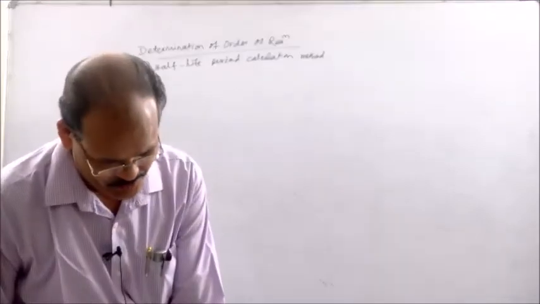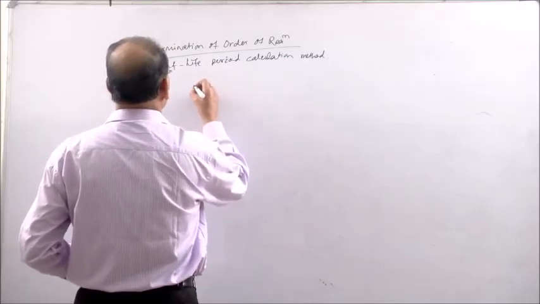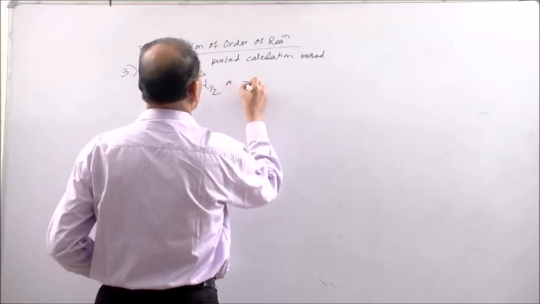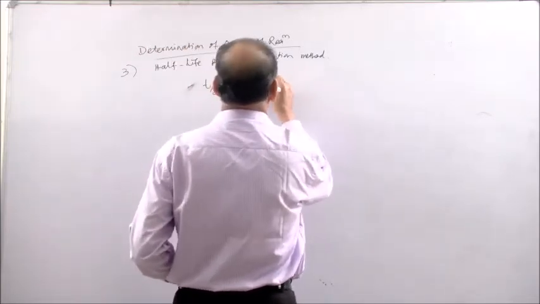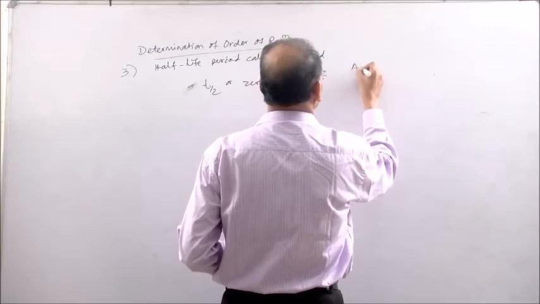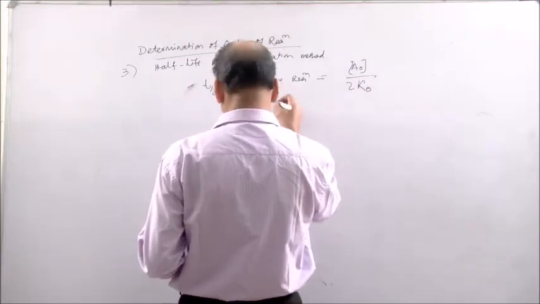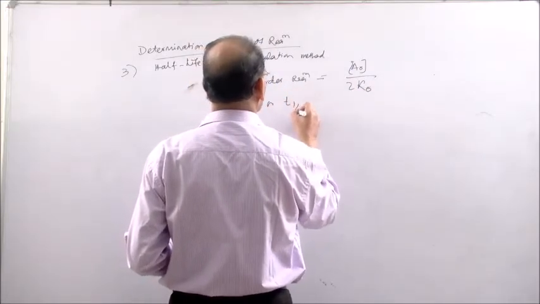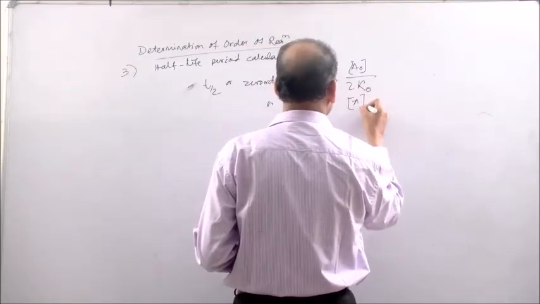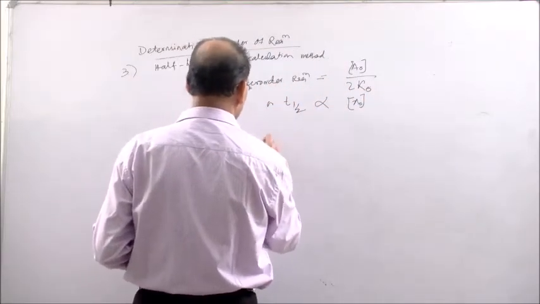So the half-life period T half of a zero order reaction is equal to initial concentration by 2K0, or T half is directly proportional to initial concentration.